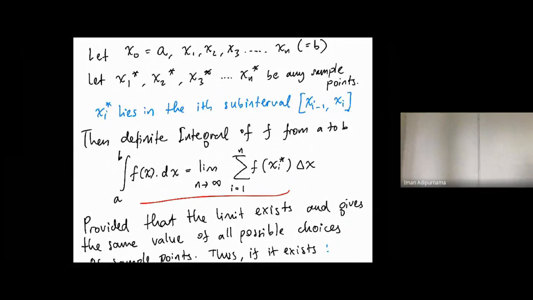The whole thing here, the definition: the integral from a to b of f(x) dx is the limit as n approaches infinity of the sum of f of the sample point times delta x.